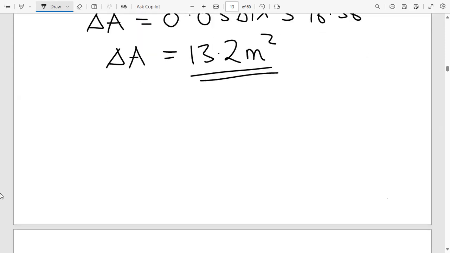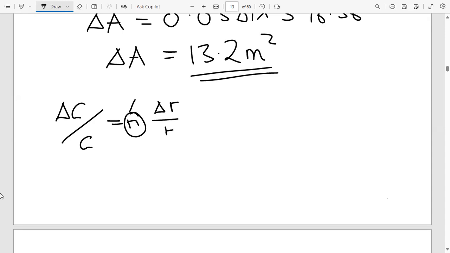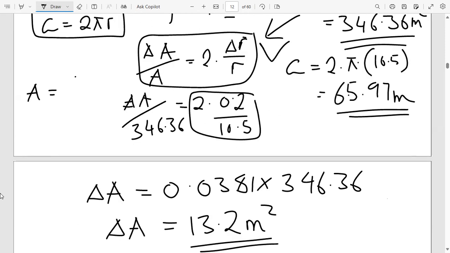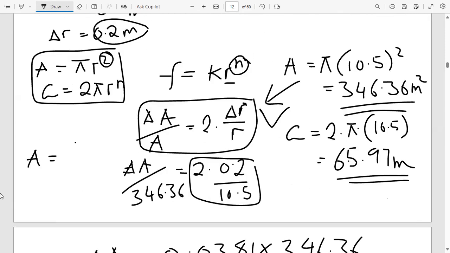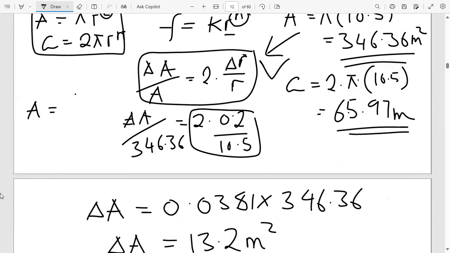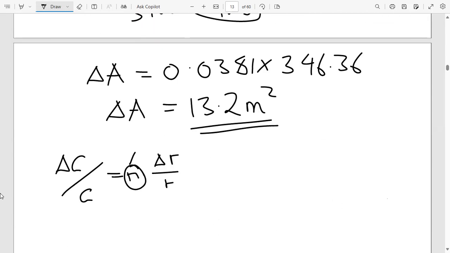The same formula, we're going to say uncertainty in circumference over the actual circumference is equal to n multiplied by uncertainty in radius over radius. Since n on this equation for circumference is equal to 1, the power of r here is 1, we're just going to put 1 here.